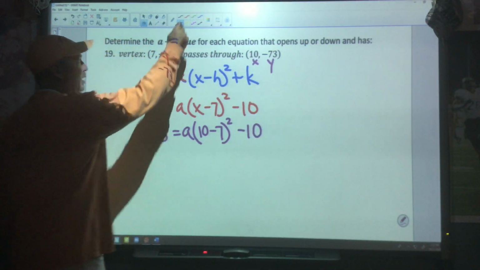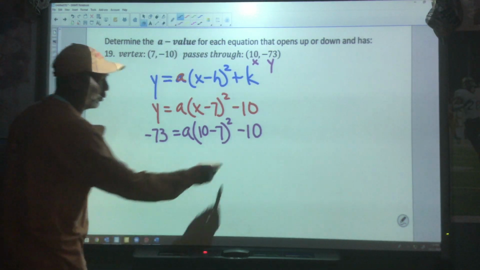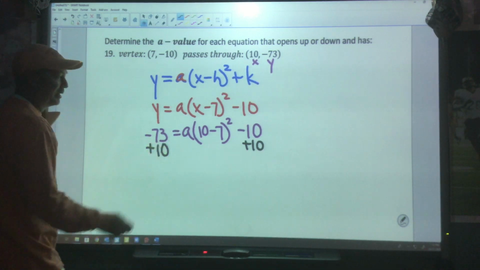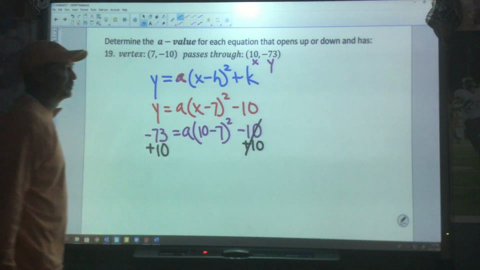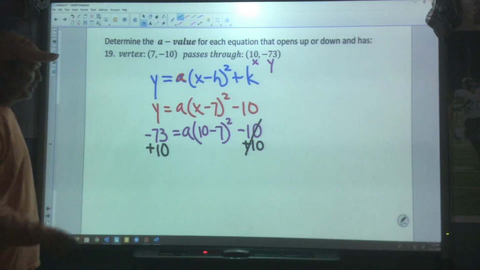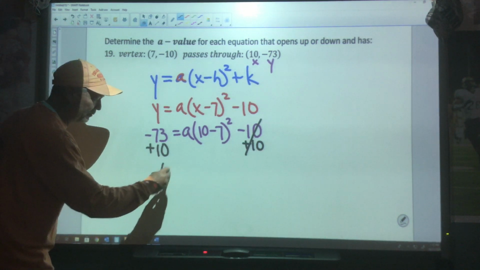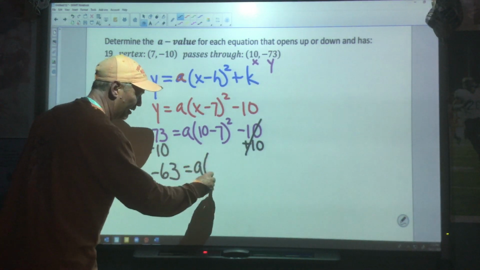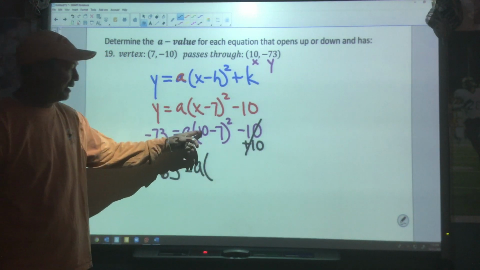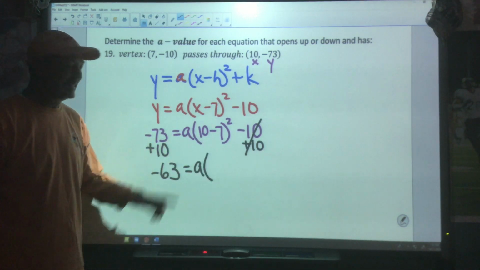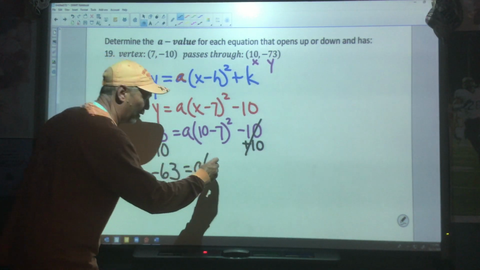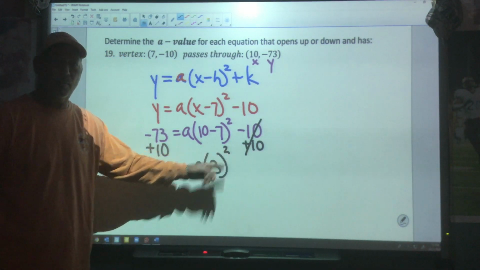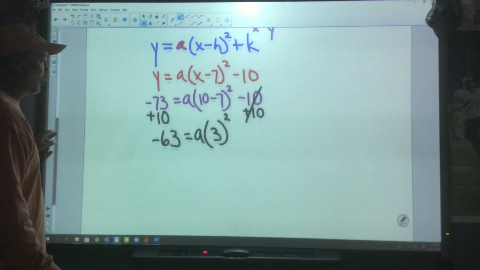We said that we did not want to be tempted, so we're going to go plus 10, plus 10. This is going to cancel. That's going to leave me with negative 63 equals a. What do I have here? I have 10 minus 7, which is going to leave me with a 3, and I need to square it. 3 squared is 9.